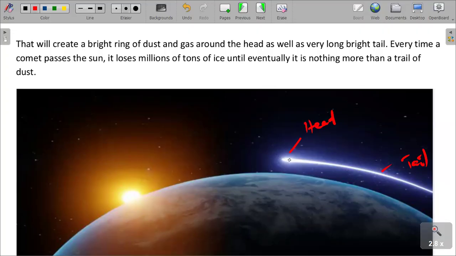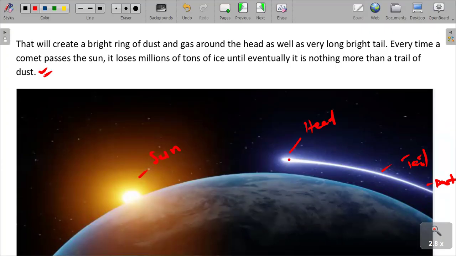Sometimes you will see that it has a small hole or a small pointer there. As it passes the sun, it loses millions of tons of ice until eventually it is nothing more than a trail of dust, released behind it. We have our sun there.